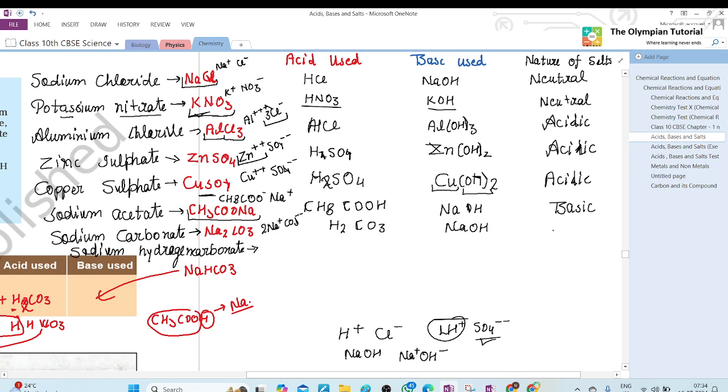Basic, because NaOH is stronger than H2CO3. Carbonic acid is a very weak acid. In cold drinks, it is used. It is formed by the combination of H2O plus CO2.